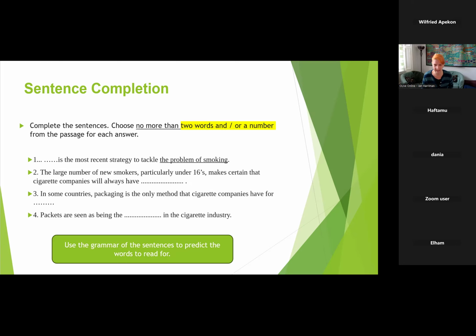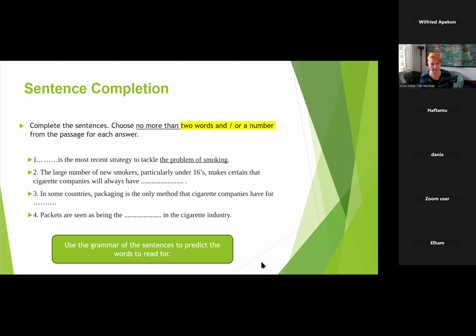What's our overall topic? Yes, cigarettes and smoking. Smoking. Excellent. And what is it? Yeah. Okay. So what we don't know is what is it that the cigarette companies are doing?